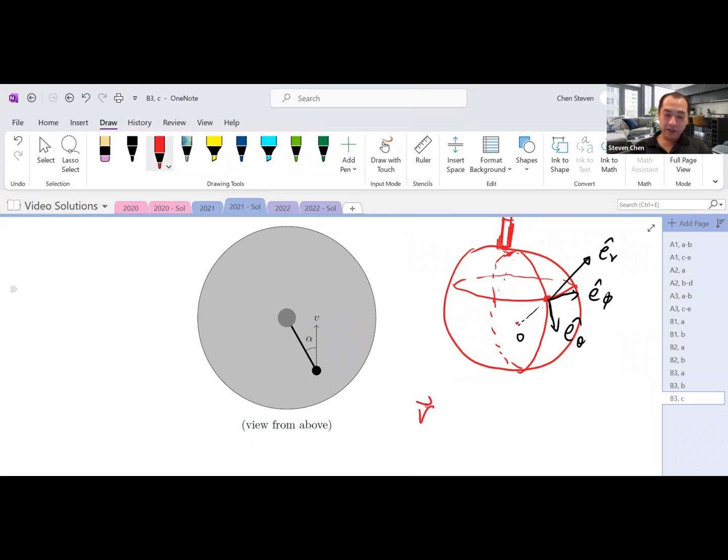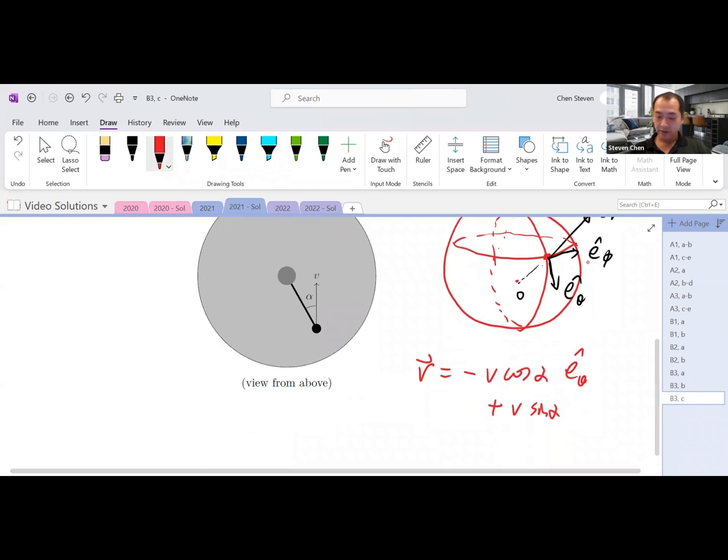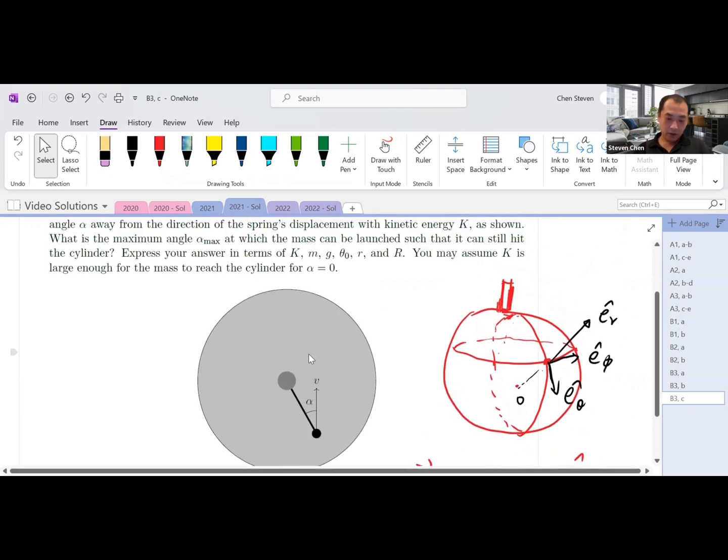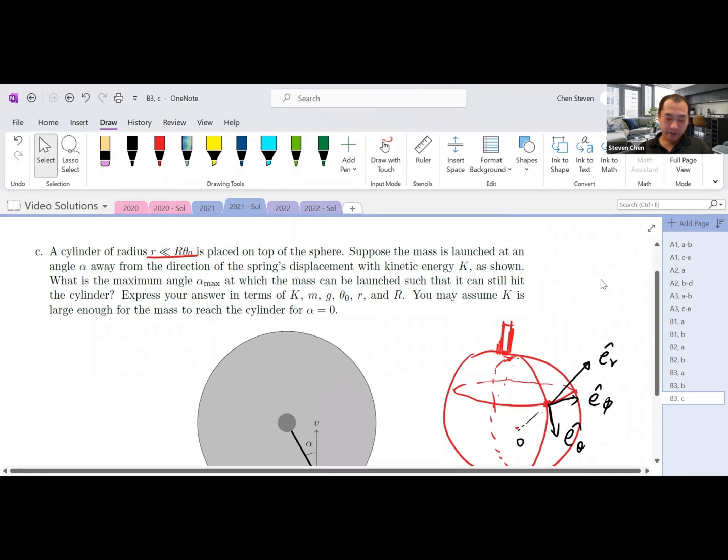The initial V is written with the longitude component vector as negative V cosine alpha times E theta, plus V sine alpha times E phi, right? So now we have a very clear picture of the initial velocity, so we will not be confused about the direction, okay? All right. Then let's further look at the problem.